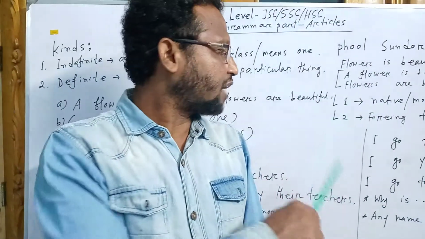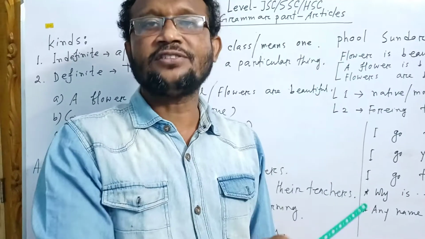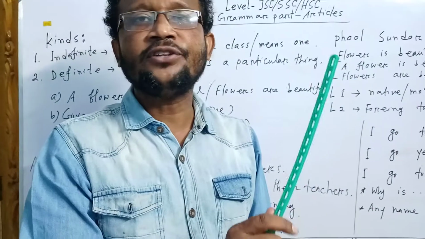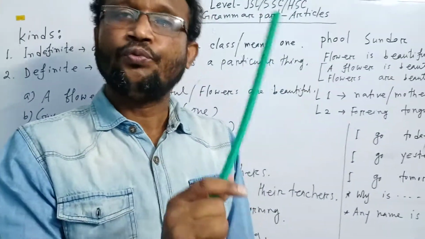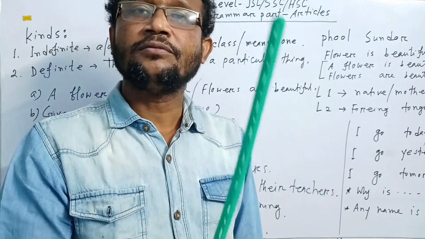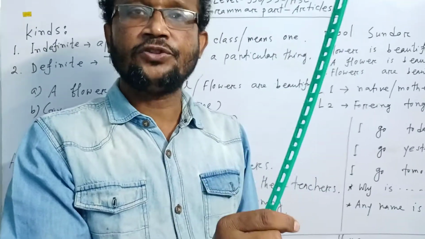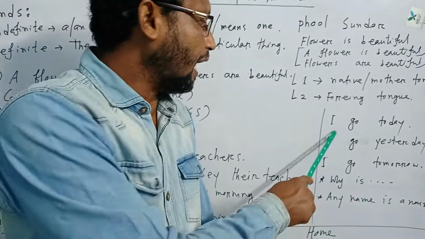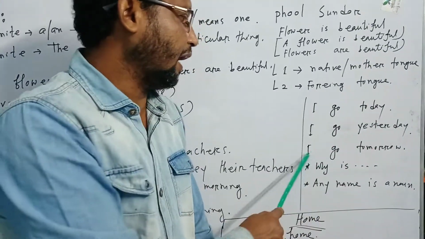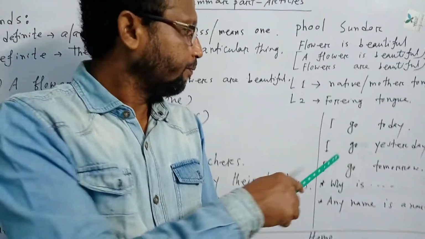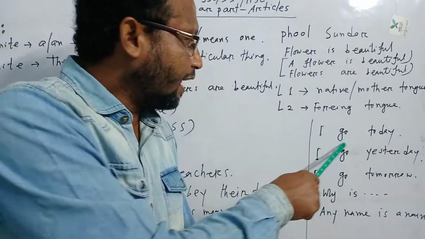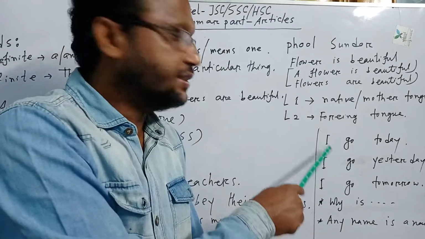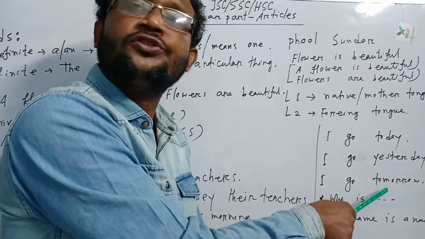For example, in the Chinese language they don't maintain any tense pattern. To signify time, they use adverbs. For example, they write, I go today, I go yesterday, I go tomorrow. You see, to signify verb or time, they use today, yesterday, tomorrow.